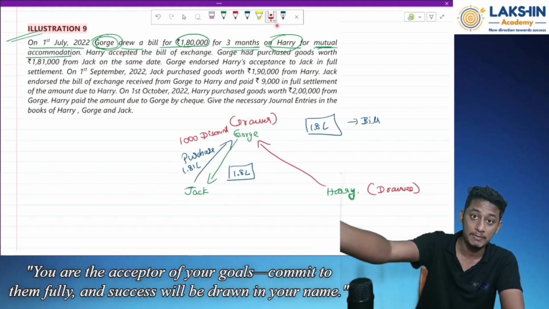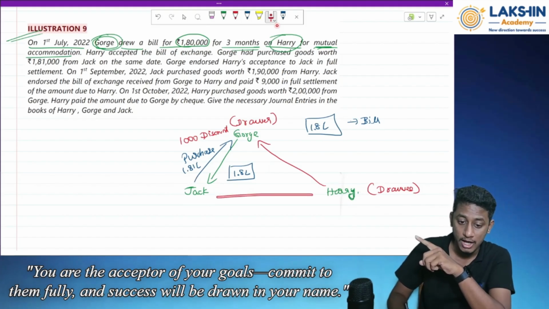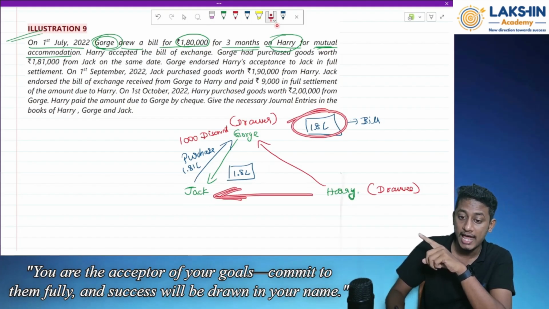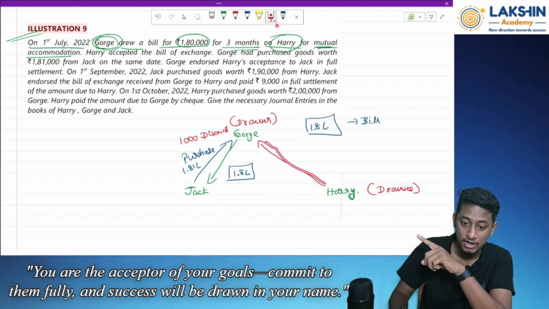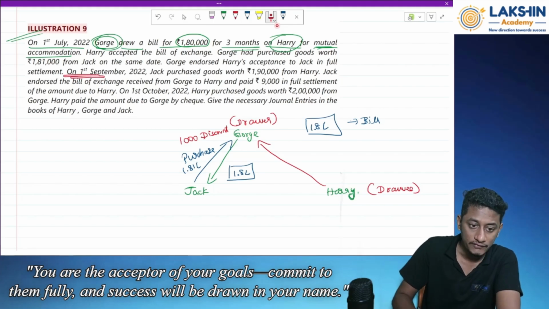He is endorsing the bill and saying that, okay, I won't be paying you again. Who will pay you? Harry will pay you, because Harry had drawn a bill on him, right? So now Harry is supposed to pay Jack. Okay, going ahead. On 1st September 2022, Jack purchased goods worth rupees 1,90,000 from Harry.